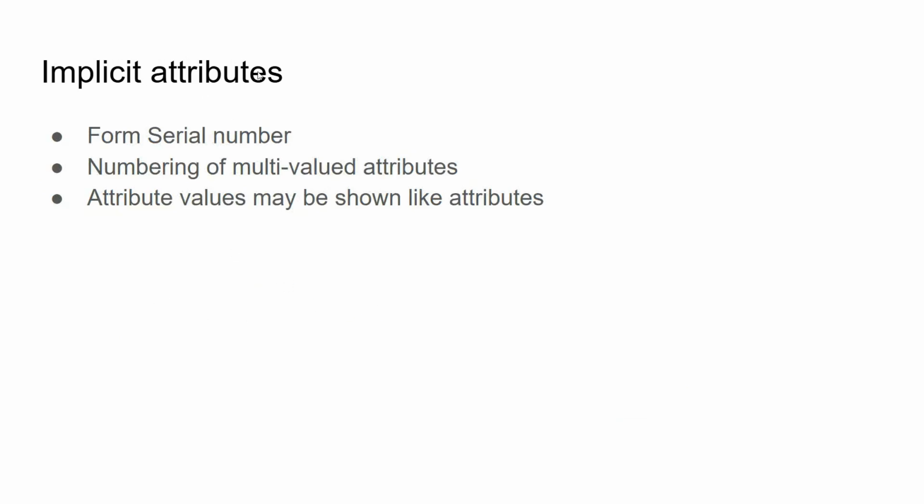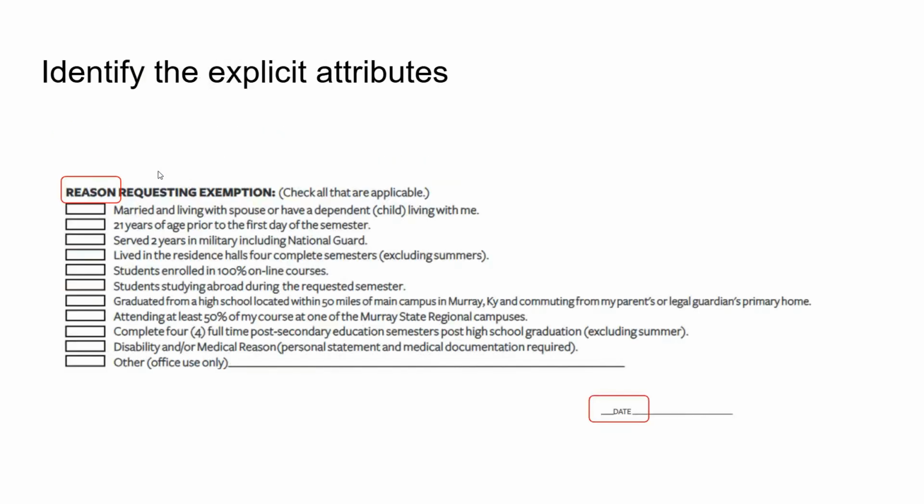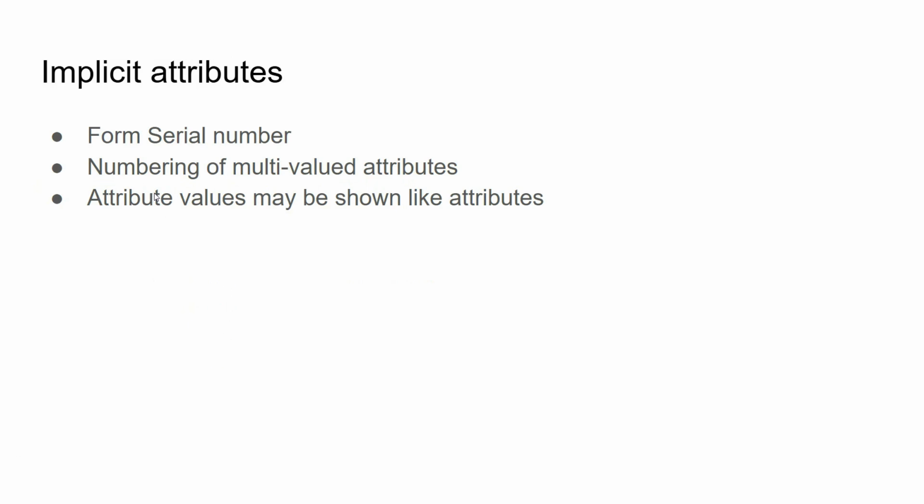All right, then implicit attributes. This particular form does not have a serial number, so I will add a serial number as an implicit attribute. And also the reasons in here, there are 1, 2, 3, 4, 5, 6, 7, 8, 9, 10, 11 reasons. So numbering of those multi-valued reasons will also need to be recorded, because we need to know which reason number the student has checked and so on. So numbering of multi-valued attributes will be another implicit attribute.